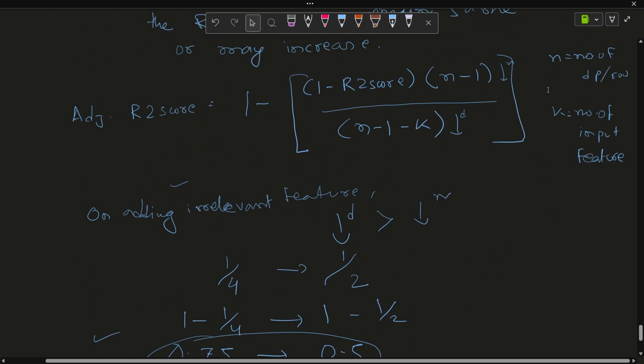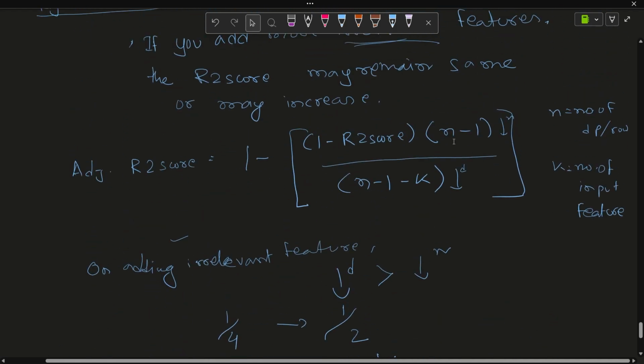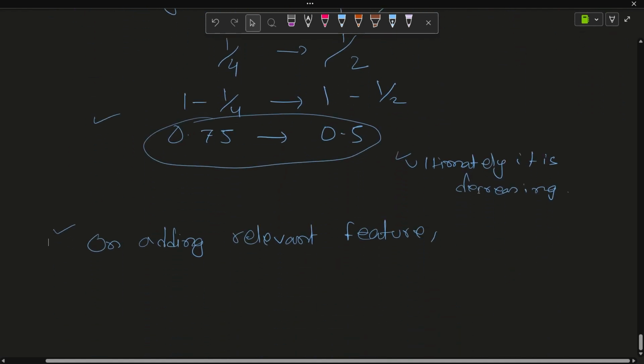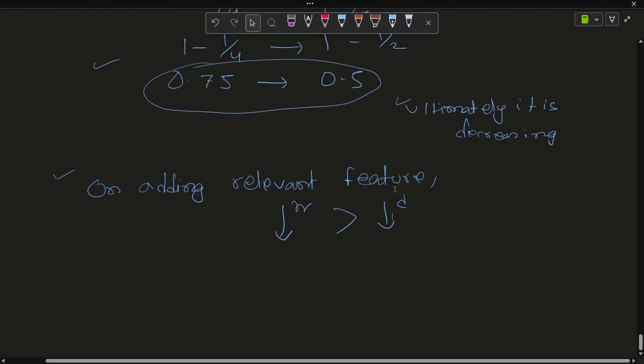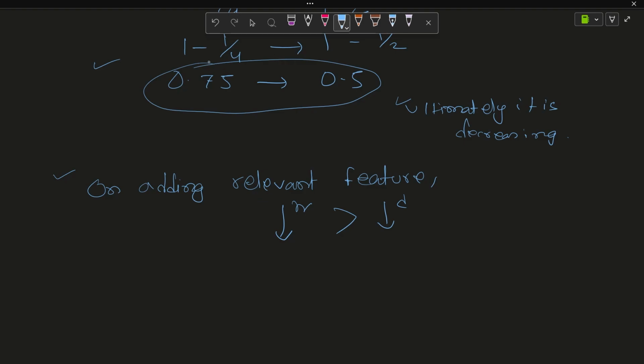So the decrease in the numerator will be more in this case, because R2 score will be increasing, and if R2 score is increased, then the overall decrease will be more than the denominator. The decrease in numerator will be greater than the decrease in denominator, and ultimately the overall term will increase, right?